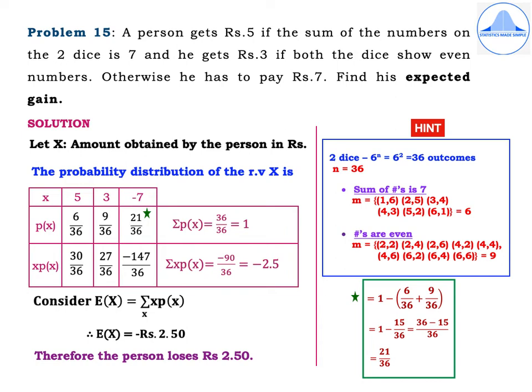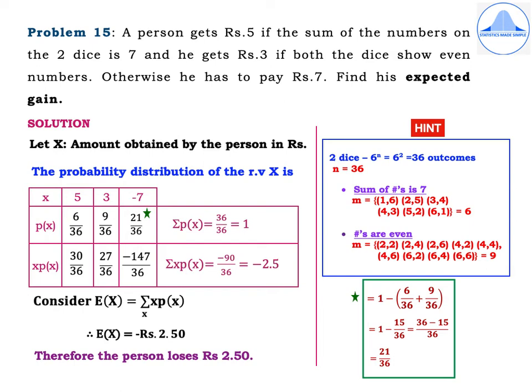So the favorable outcomes are (1,6), (2,5), (3,4), (4,3), (5,2), (6,1). When these numbers are added, we get the sum as 7. So M is equal to 6.